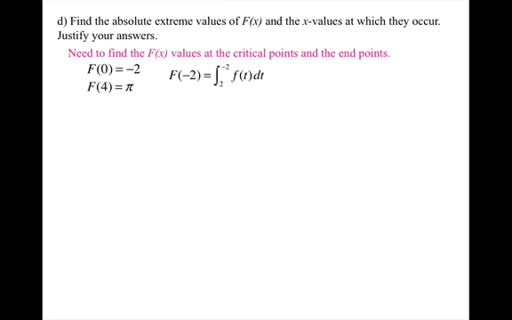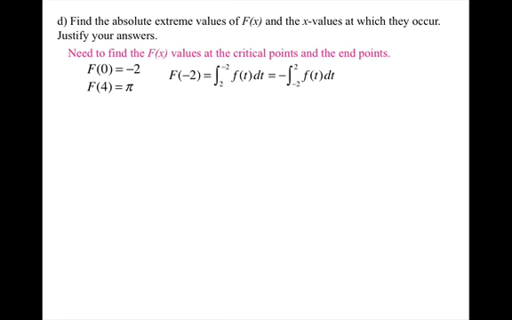So that means we need to find the value of big F at -2. In order to do that, we have to flip the limits so that the smaller value is on the bottom. So I'm going to take the negative of the area underneath the curve from -2 to 2.